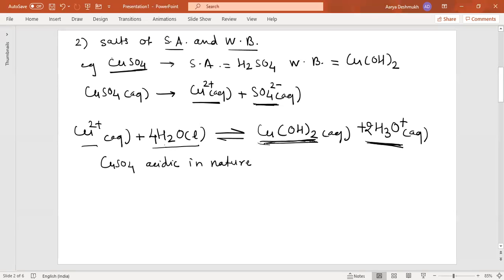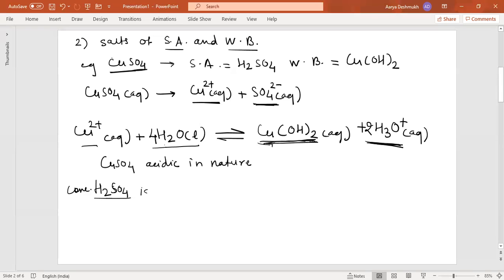This turbidity is due to the formation of copper hydroxide. If you are preparing 10 liters of copper sulfate and you add concentrated H2SO4, near about 20 ml, it will give you the clear solution.